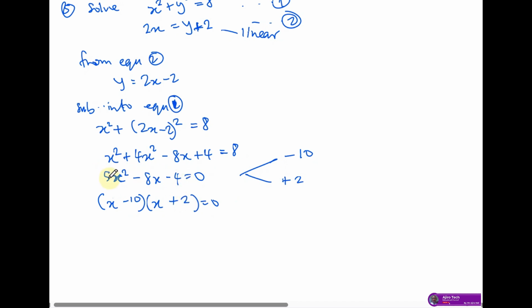See this 5 with x squared, use it to divide the two of them. Which one is possible? This one is possible. So x minus 2 into x plus 2 over 5 equal to 0. So x equal to 2 or x equal to negative 2 over 5. Solution.